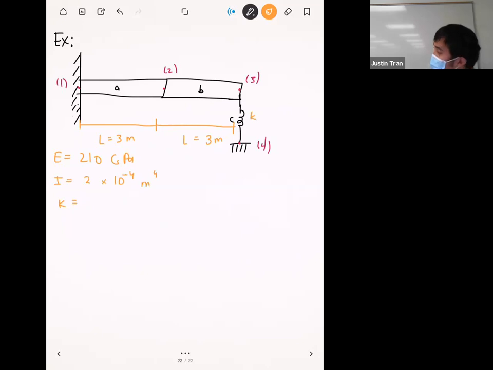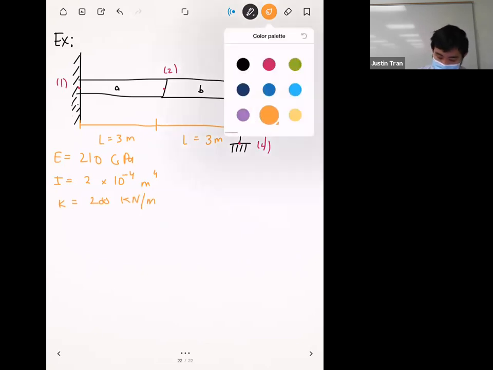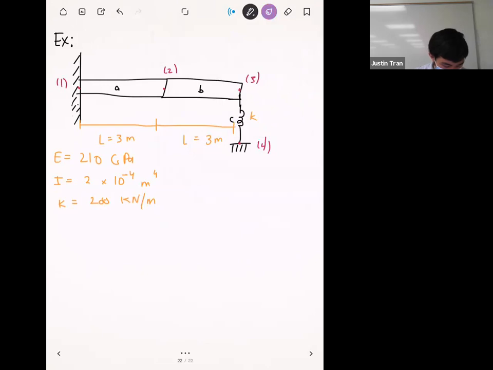And since we have a spring here, we also need a spring constant. And so the spring constant for that spring is going to be 200 kilonewtons per meter. And so in terms of loads, we only have one load that we're going to apply. And so we're going to apply a vertical load P, and that vertical load is going to have a magnitude of 50 kilonewtons.